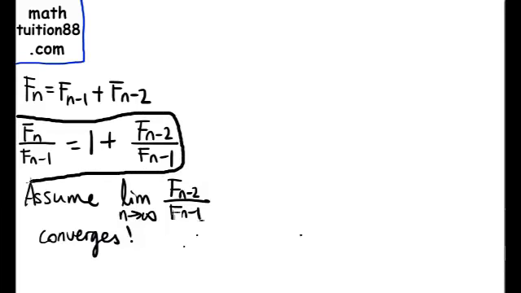To be very rigorous, we actually have to prove it, but in this video we will not prove it. So now let's take a look at this equation which I circled down here. Now we will take limits on both sides. Taking limits means we will see what happens when n goes to infinity.